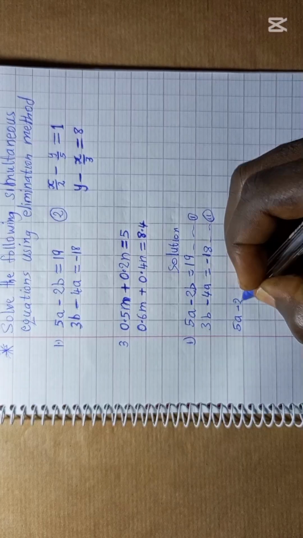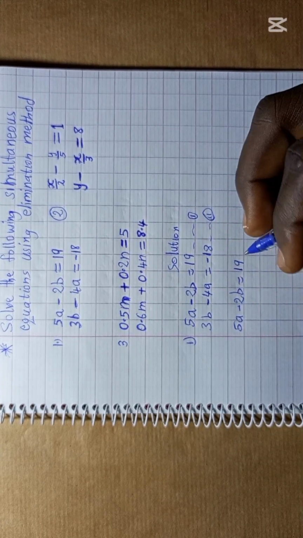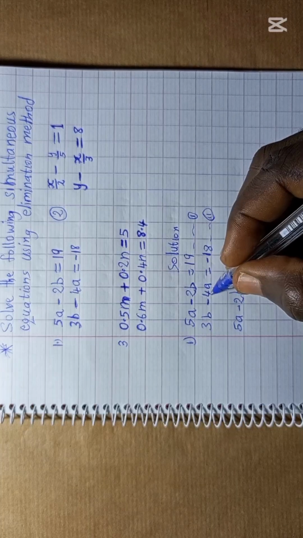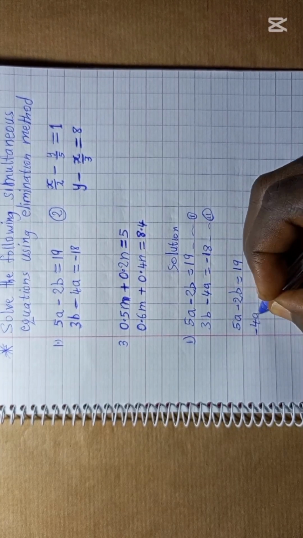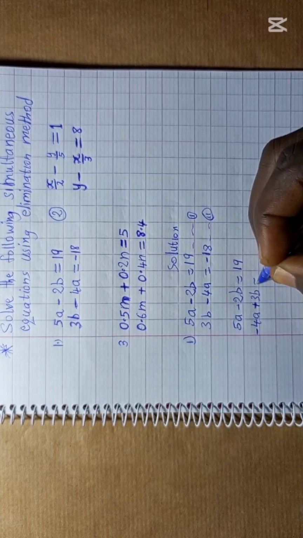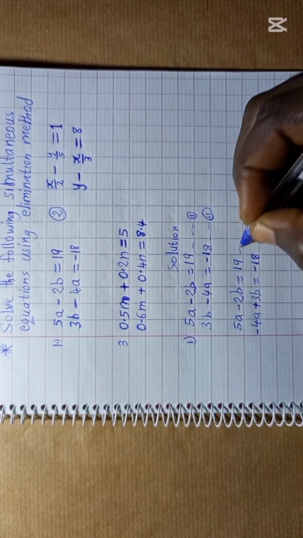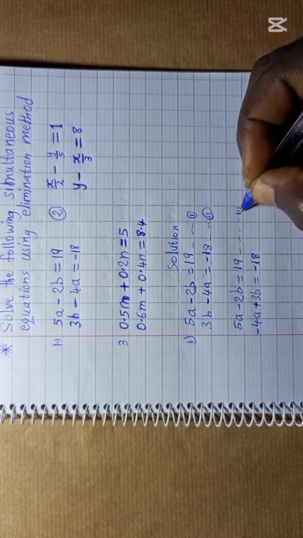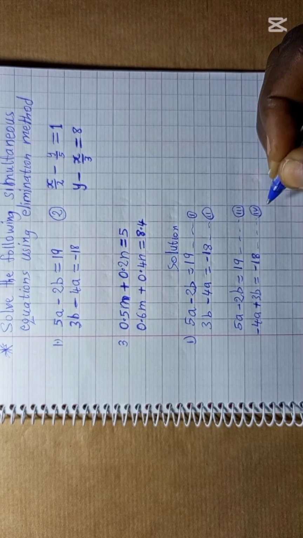5a minus 2b is equal to 19, and then this one now will come to the other side, that is minus 4a plus 3b is equal to minus 18. Let's say this is equation 3 and this is equation 4.